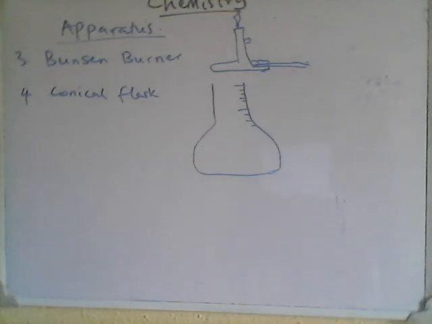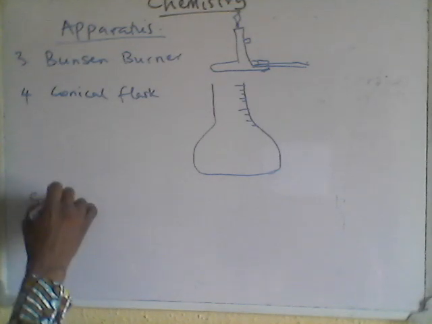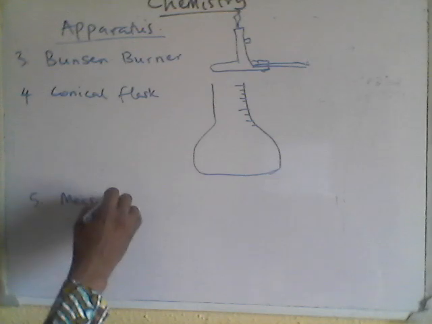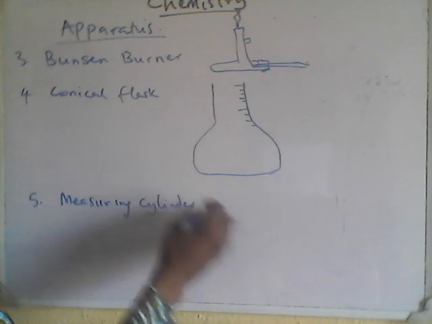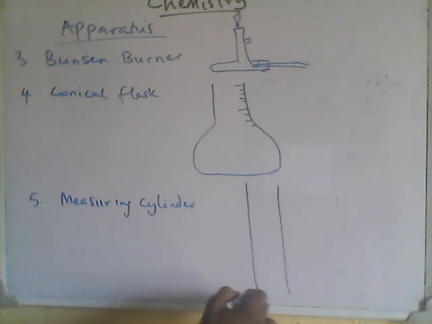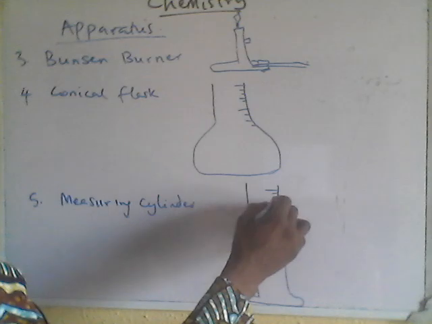All right, so the next one is a measuring cylinder. Measuring cylinder, another glass-like kind of apparatus. Okay, so it's very long like this. It's a glass, calibrated as well.